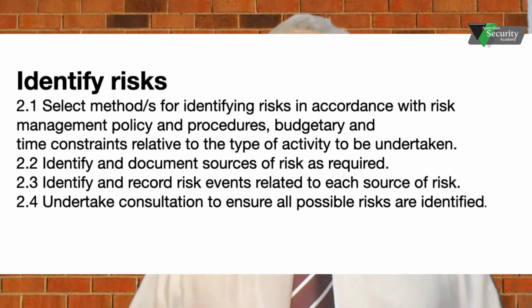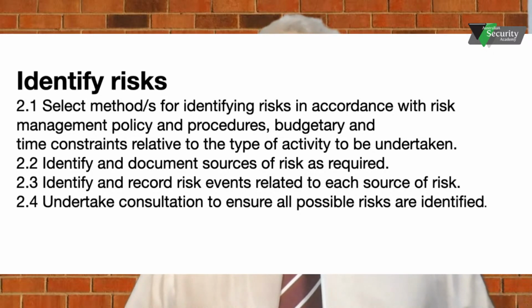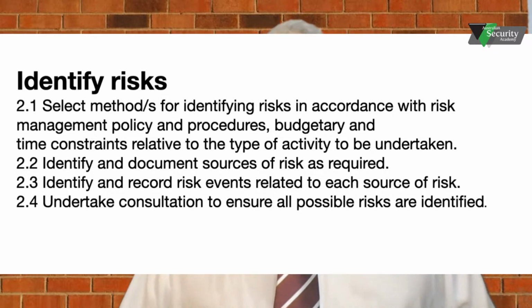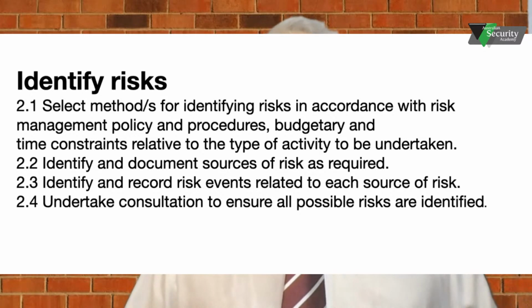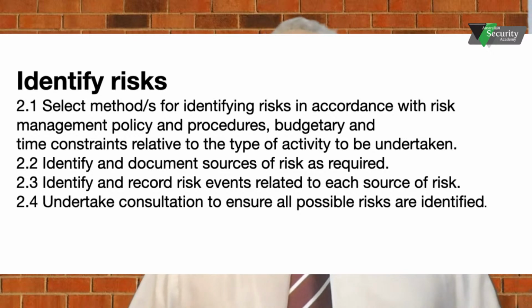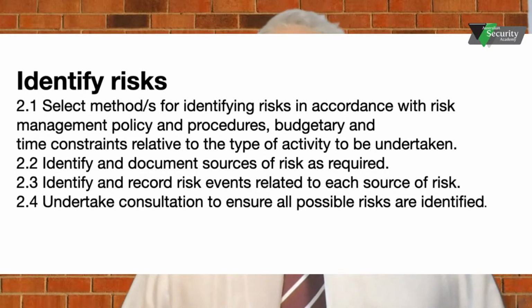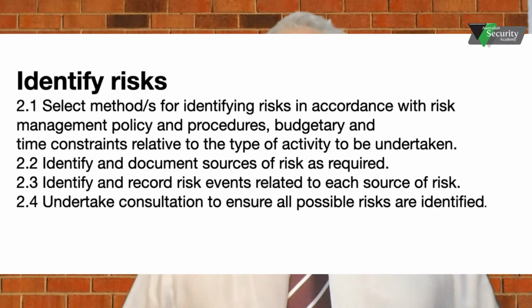You're going to be able to identify and document sources of risks as required, identify and record risk events related to each source of risk, and undertake consultation to ensure all possible risks have been identified. So that's part 2 of what we are going to cover today. We looked at the context yesterday.